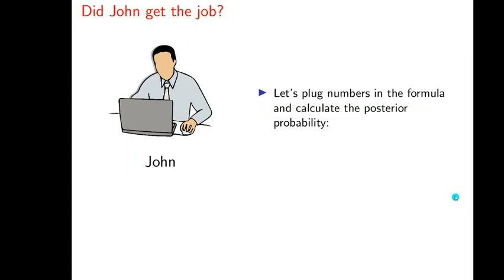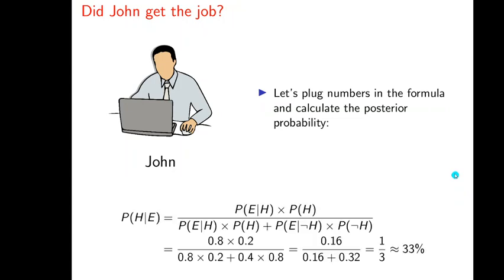Let's go back to our John case and plug in numbers and calculate the posterior according to Bayes' theorem.